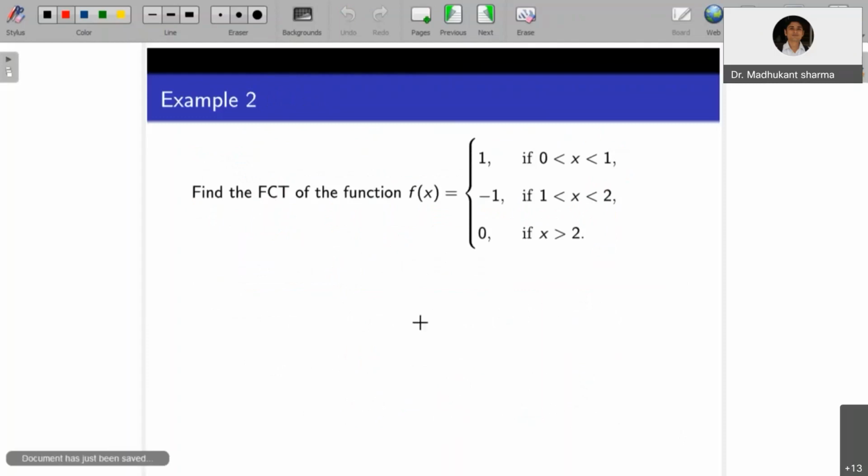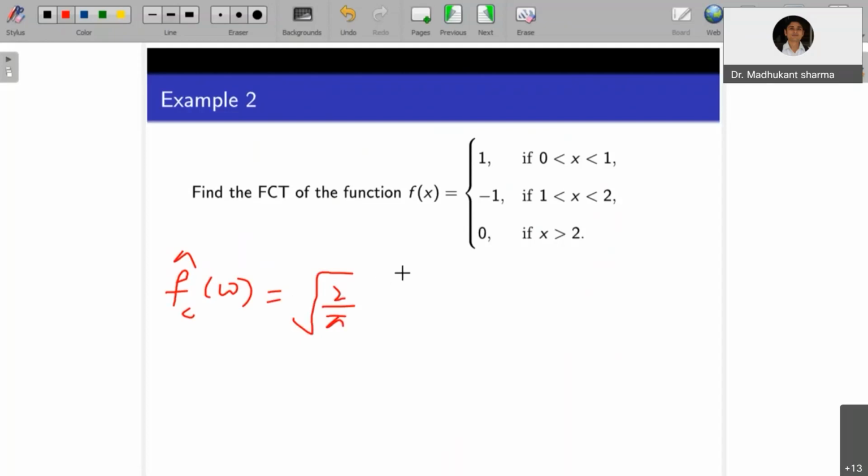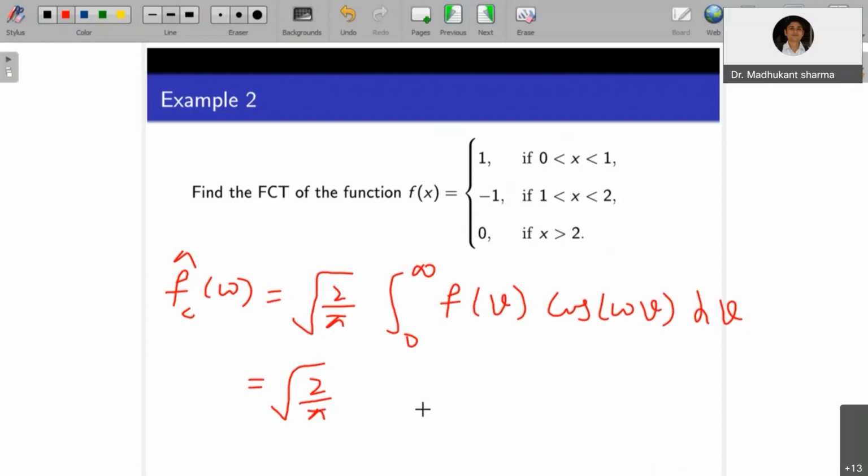Find the Fourier cosine transform of this function. I'm just directly jumping to the formula. The cosine transform of f is going to be square root of 2 by pi integration 0 to infinity f of v cos of wv dv. Now this equals square root of 2 by pi times the integration, where f of v is 1 from 0 to 1, minus 1 from 1 to 2, and 0 from 2 to infinity.